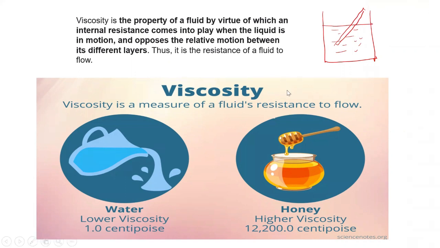So there is internal resistance to the fluid flow, and different fluids experience different amounts of resistance, depending on the characteristic of the liquid. So honey experiences greater resistive force to the flow compared to water.